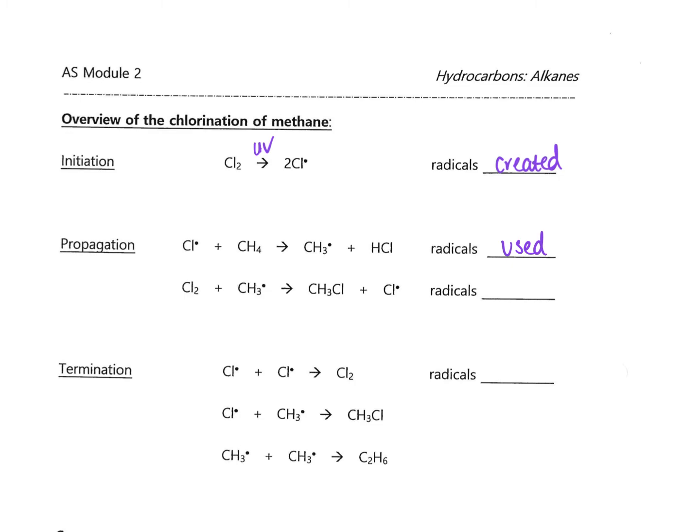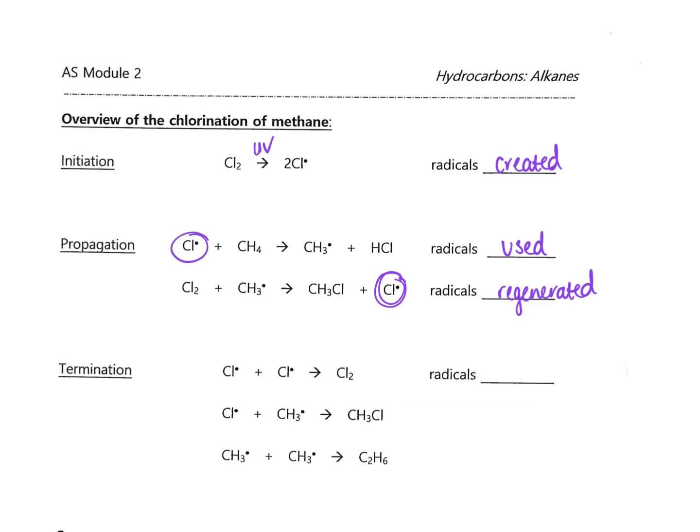And that methyl radical then goes on and reacts with a chlorine molecule. And you see, as a result, the chlorine radical is regenerated. So in the propagation step, again, we see a radical reacting with a molecule to form a molecule plus a radical. And the radical that we use up in part A of the propagation is then regenerated in part B.